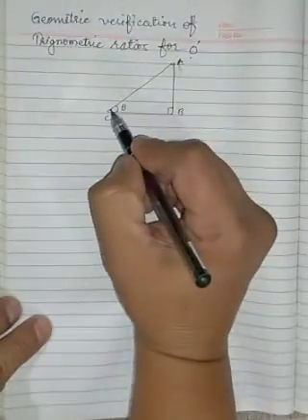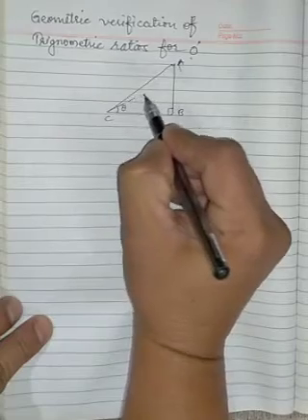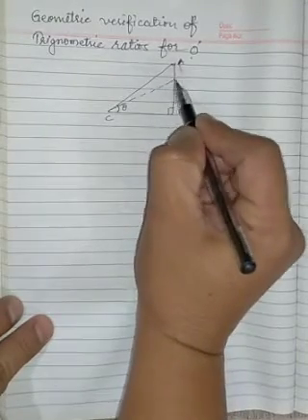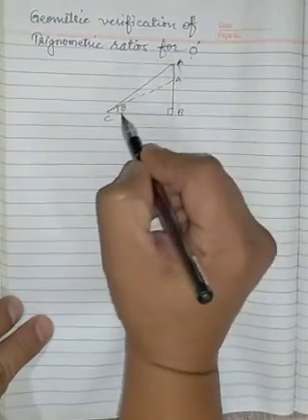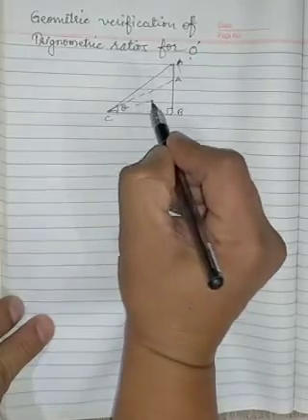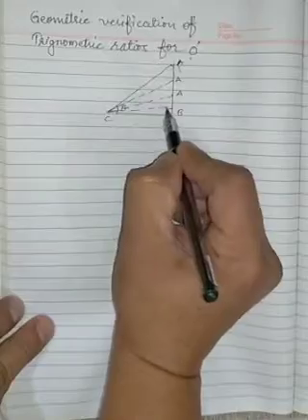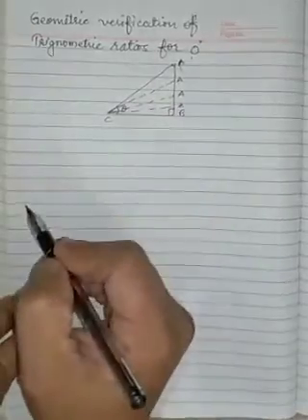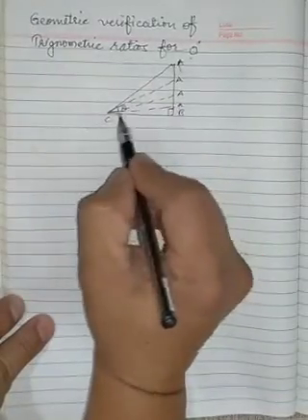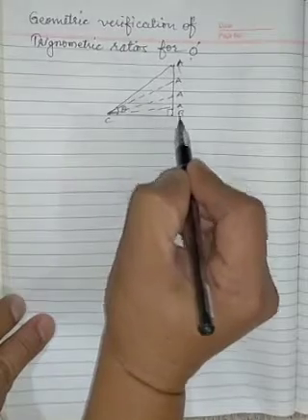And in doing so, you will find that while bringing the arm AC down, the point A will come down and one stage will come when the point A will coincide with B.